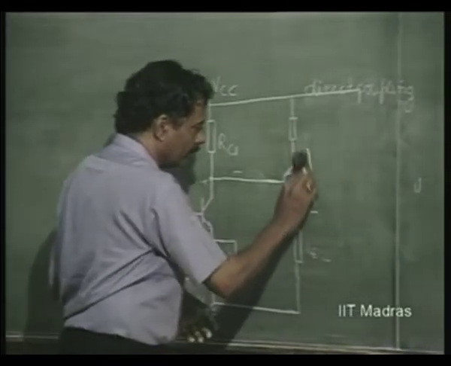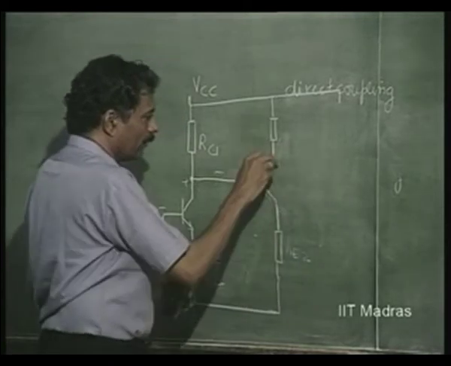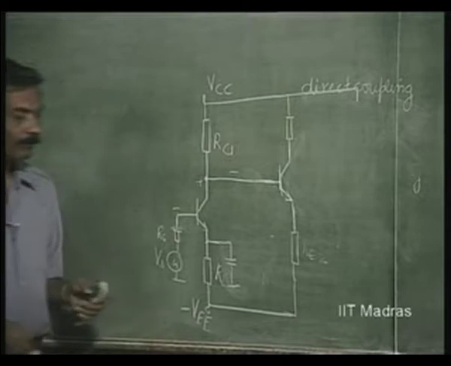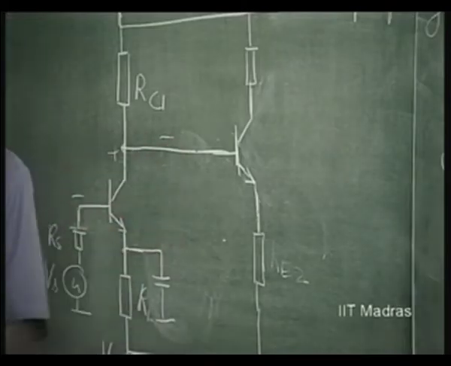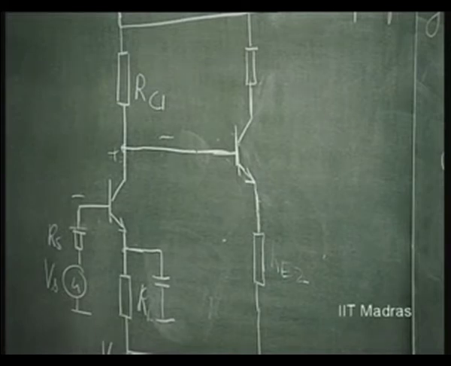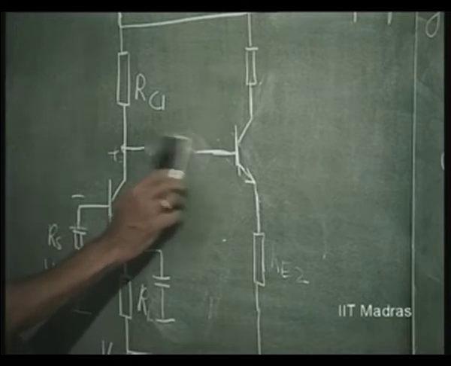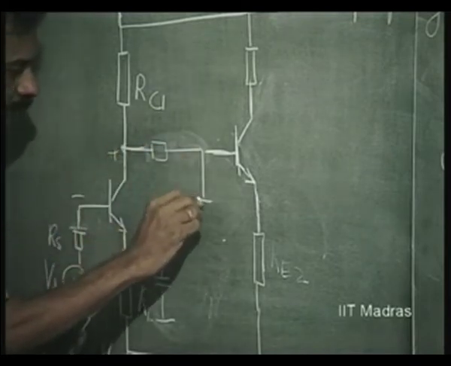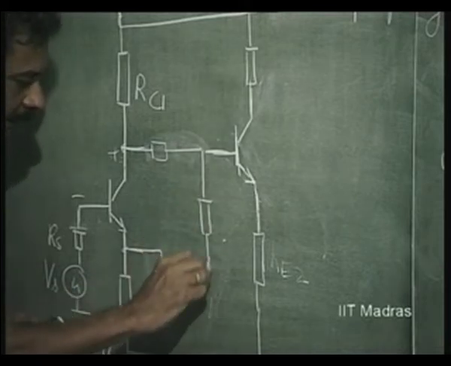Then what is the problem? The problem is how to reduce this voltage. We can reduce this voltage by what? Potential divider, right. Something like this.